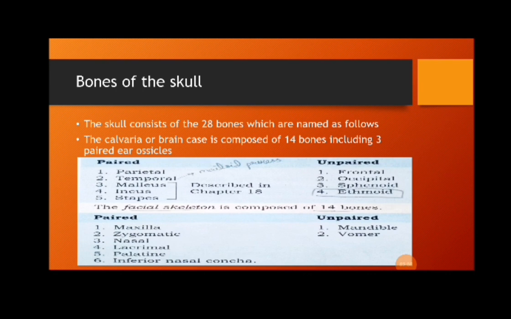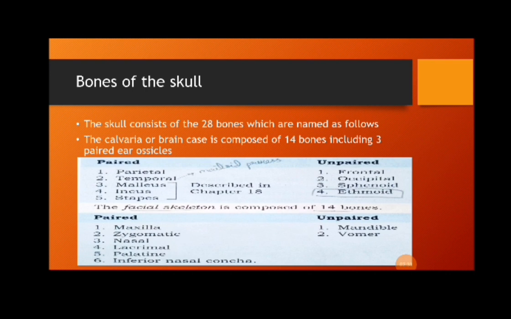Altogether there are 28 bones. In that, in calvaria, the paired ones are parietal, temporal, malleus, incus, and stapes. Unpaired are frontal, occipital, sphenoid, ethmoid. The facial skeleton is composed of 14 bones.